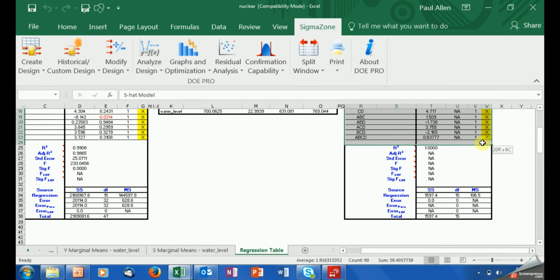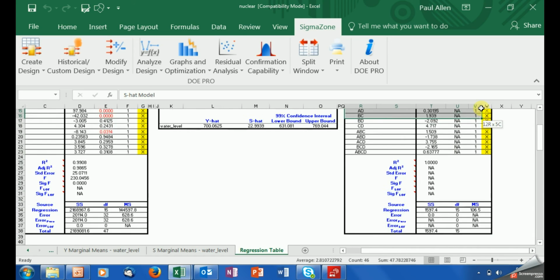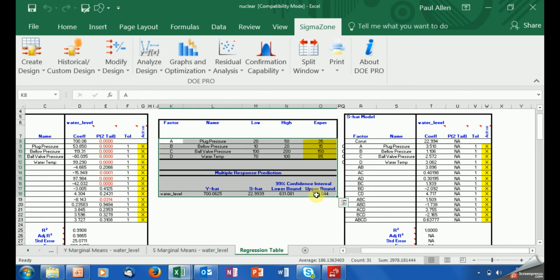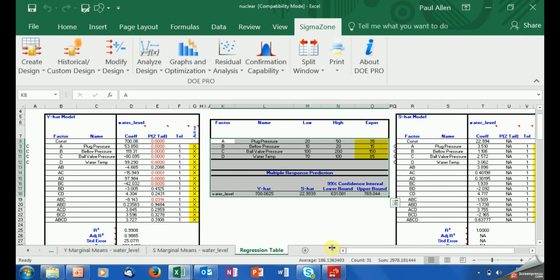S is the standard deviation model. How are we affecting the consistency of the result? So on the left hand side we got Y hat, on the right hand side we got S hat, and in the center here, this section here is all about being able to predict the result. Okay, so there's our first regression table.